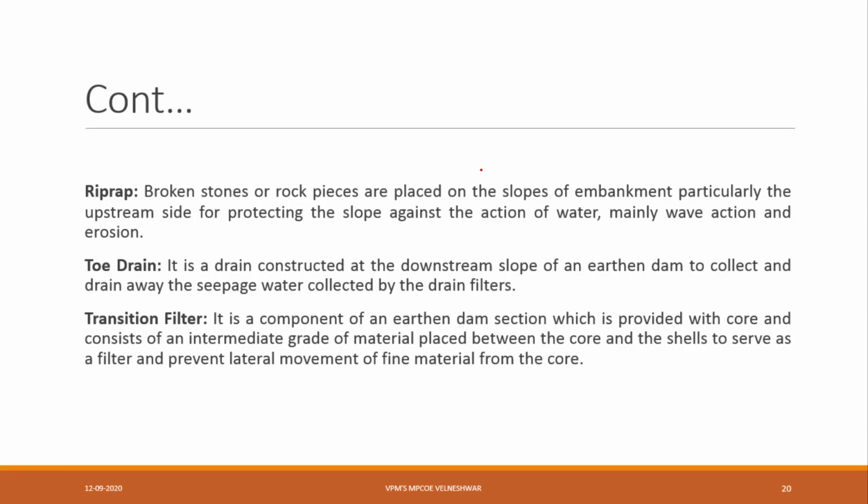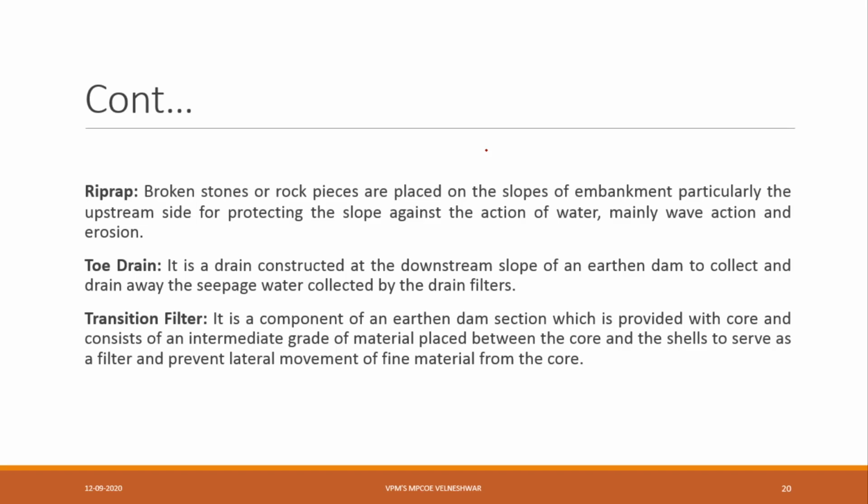Okay, next, it is an intermediate grade of material placed between the core and the shells to serve as a filter to prevent lateral movement of fine material from the core. One more use we can say here: lateral movement means, for suppose, whenever some earthquake occurs at this location, some movement will occur.